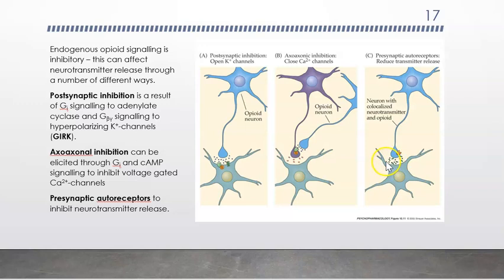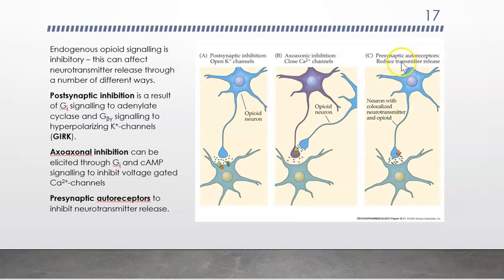But instead of having opioid receptors on the postsynaptic cell, there is an opioid receptor on the presynaptic cell that the released opioids will then bind to. This opioid receptor on the presynaptic cell will then inhibit further release of more neurotransmitters and opioids, and this will block activation of the postsynaptic neuron.